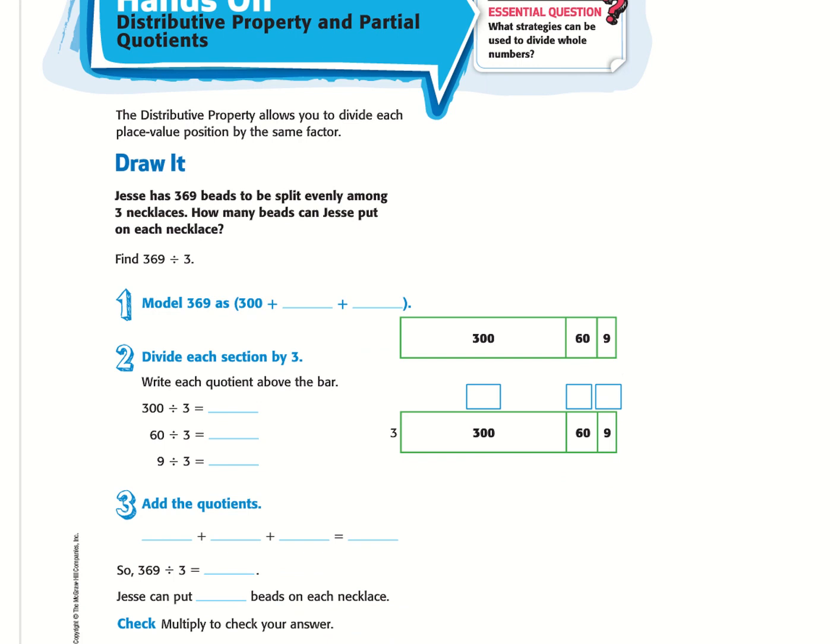So step 1, we can model 369 as 300 plus 60 plus 9. So we kind of expanded it. So we have the model here, 300, 60, and 9, because our total is 369.